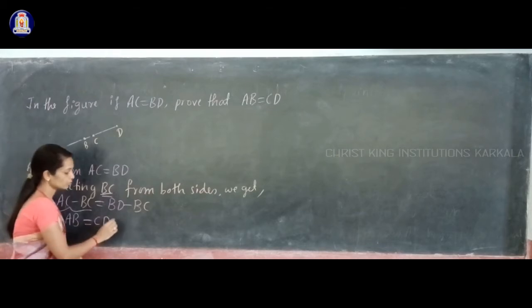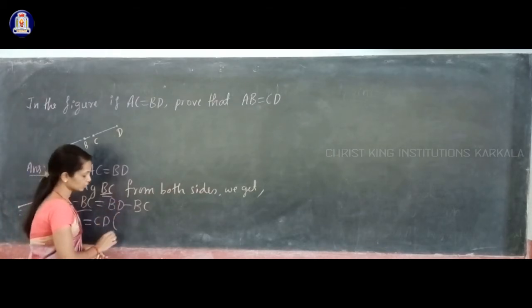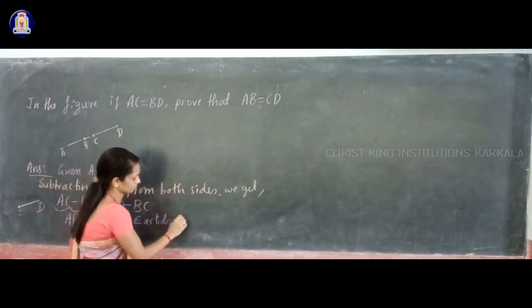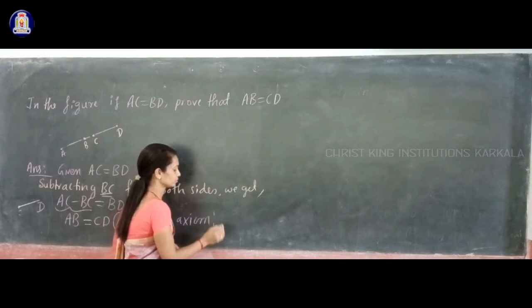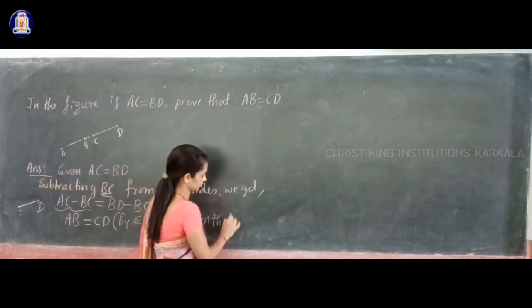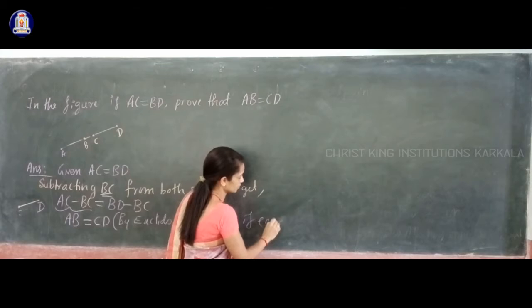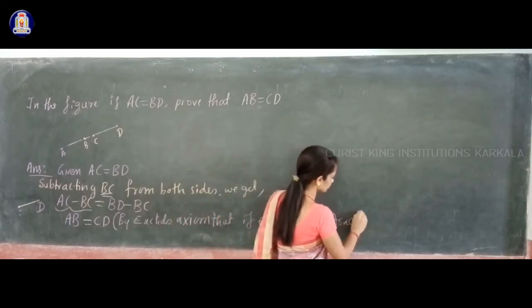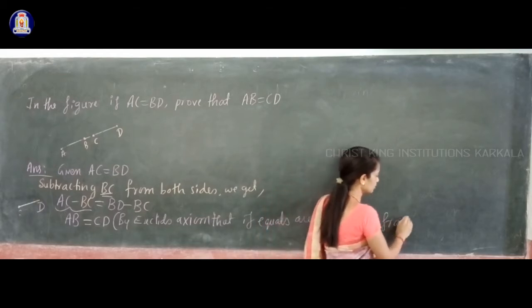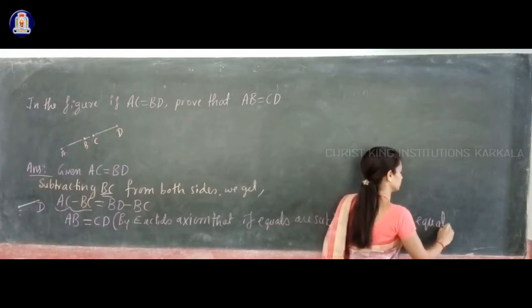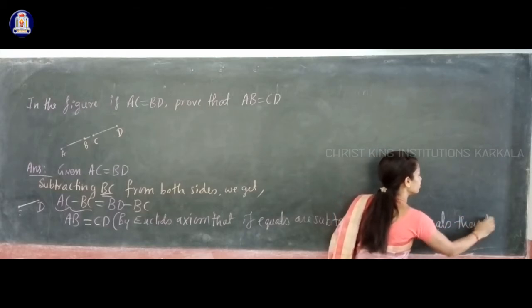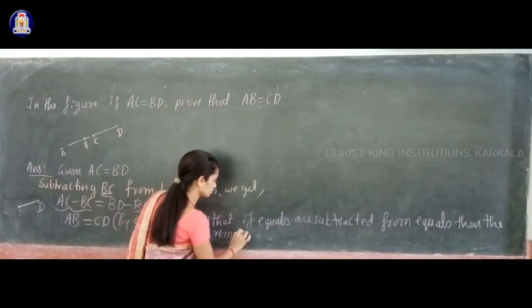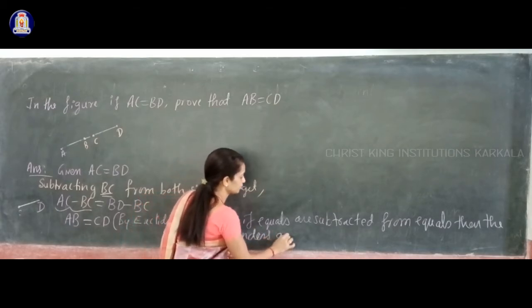So here we used Euclid's axiom that if equals are subtracted from equals, then the remainders are equal.